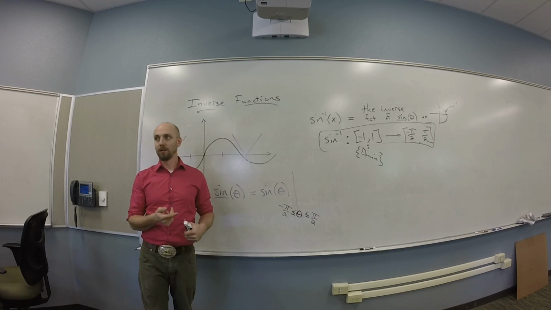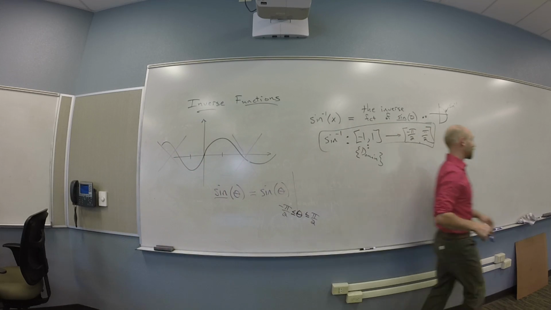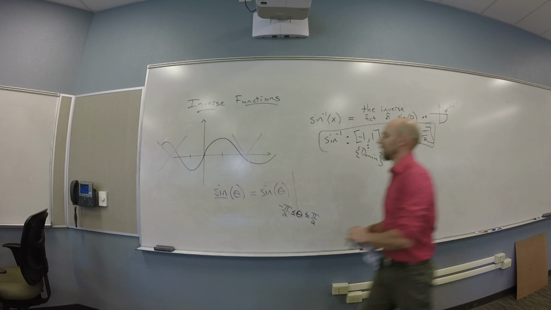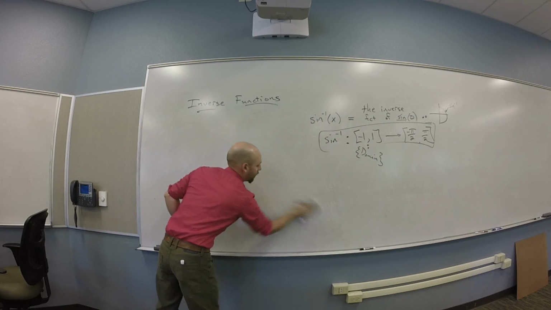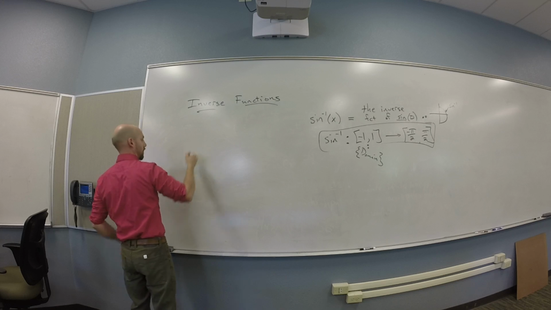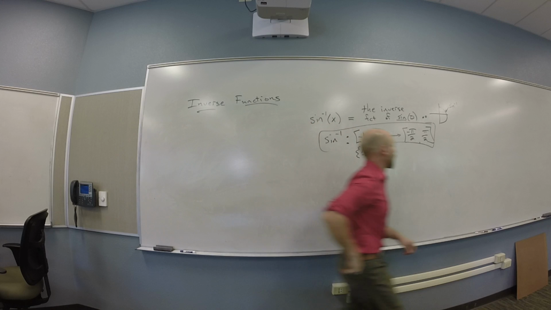Cool with that? All right, so let's play the same game with cosine. It'll be faster this time because we've already played it with sine. Okay, so we're going to get out our cosine graph. I should do this in a different color.